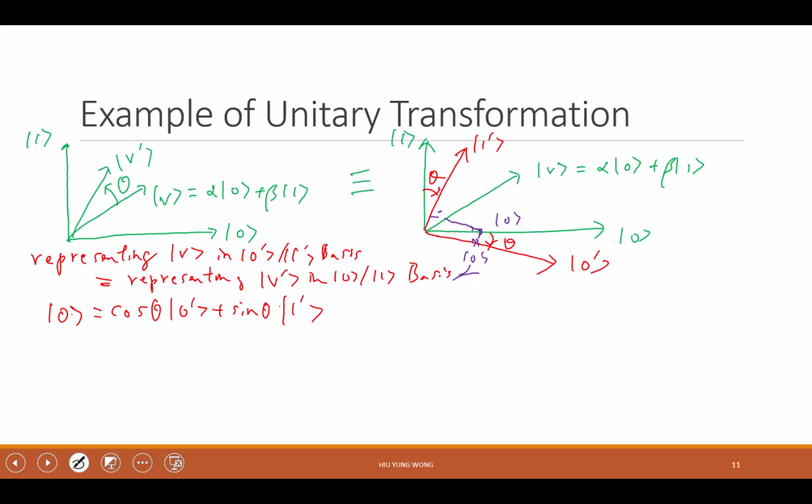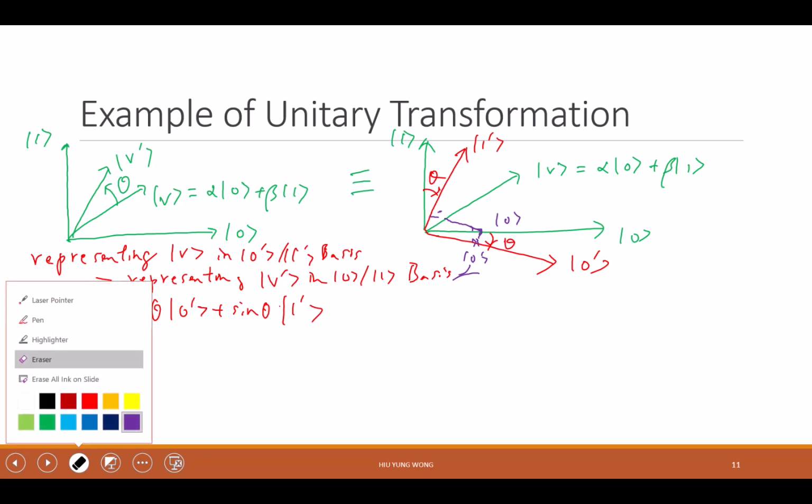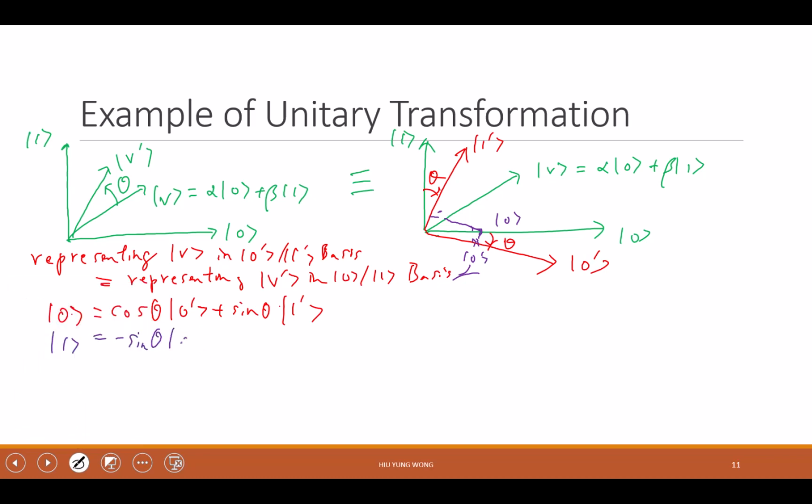Similarly, for the 1, it is equal to negative sine theta times 0 dash plus cosine theta 1 dash.